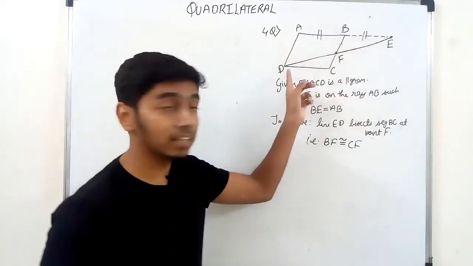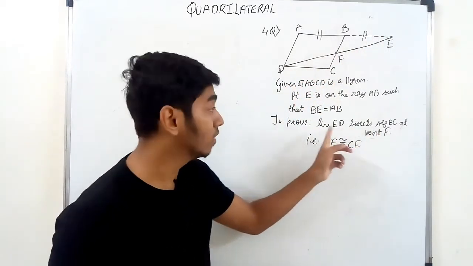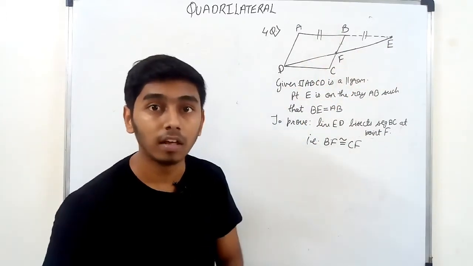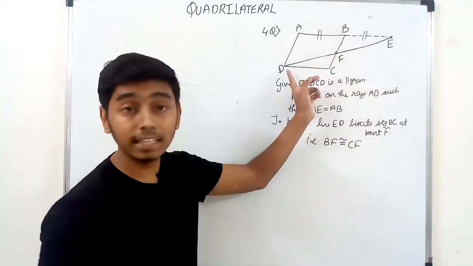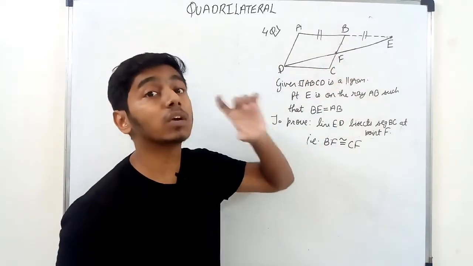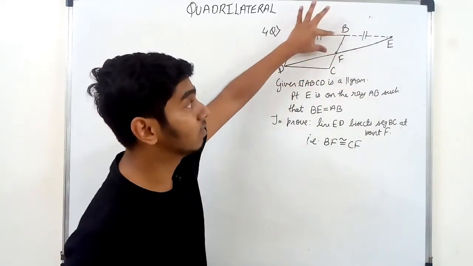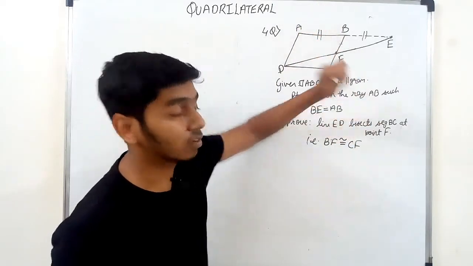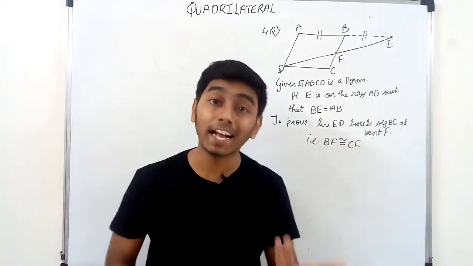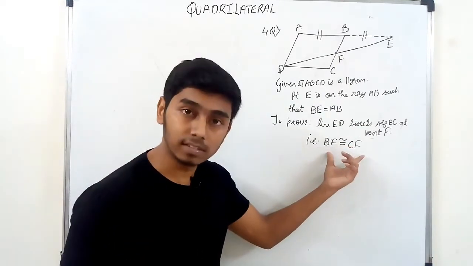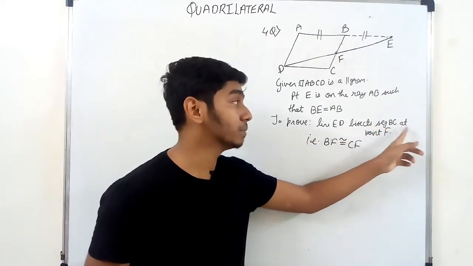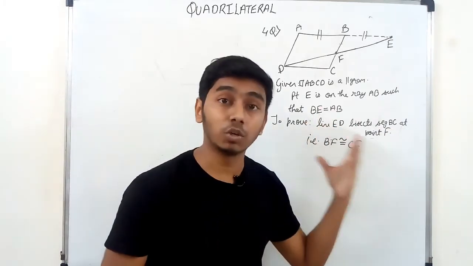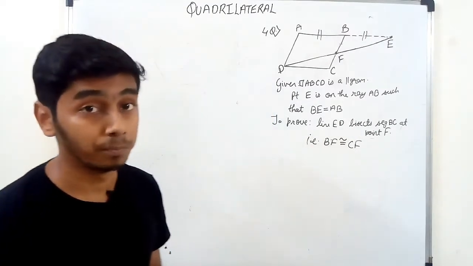Because line ED bisects BC. This is what we need to prove. That means we have to prove that ED cuts BC into equal parts. That means BF and FC, they both are congruent. So this is what we need to prove actually. If we are able to prove this, we can say that ED bisects BC at point F. Okay. So I hope you have understood what we are supposed to prove.